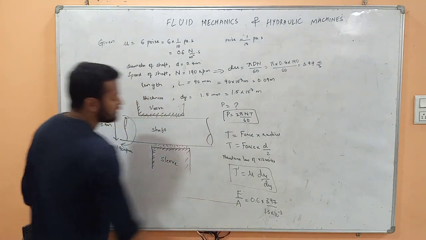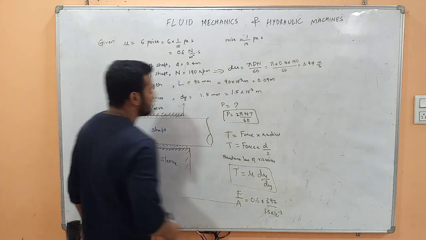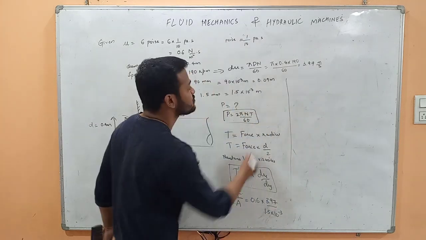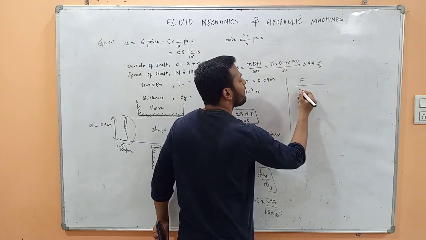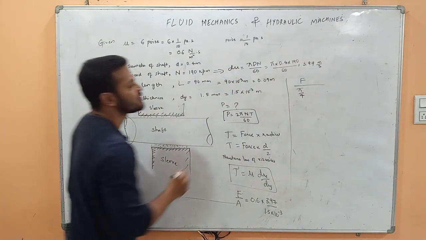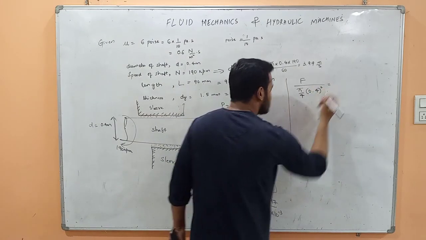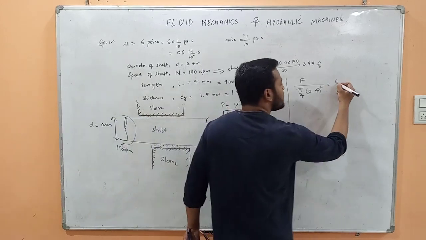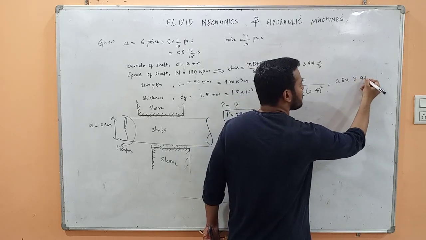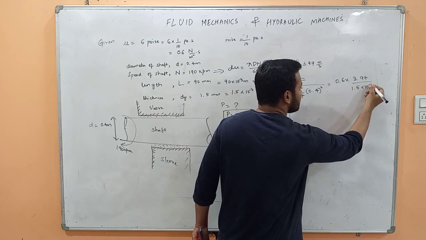Whenever diameter is given, I can find out area. So area is pi by 4 d square. If I substitute here, force by pi by 4 d square, where diameter is given as 0.4 meters, is equals to 0.6 into 3.97 divided by 1.5 into 10 power minus 3.